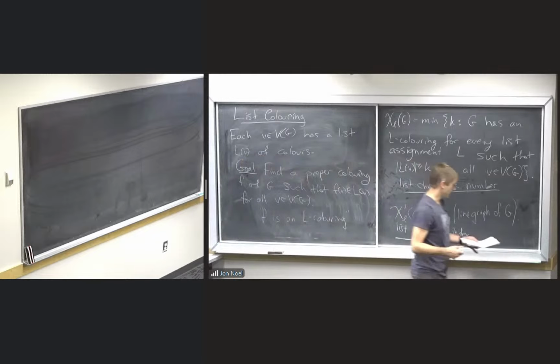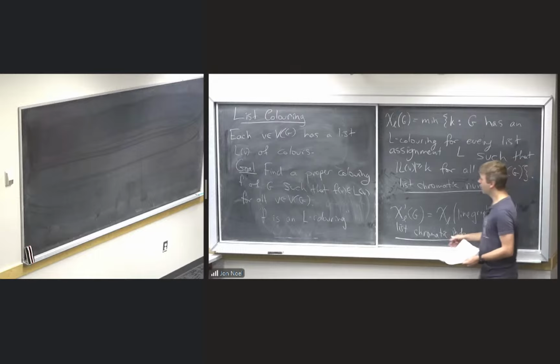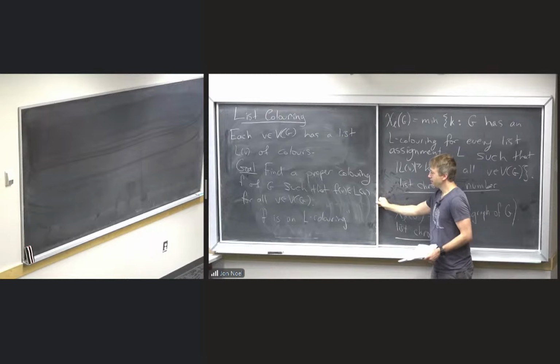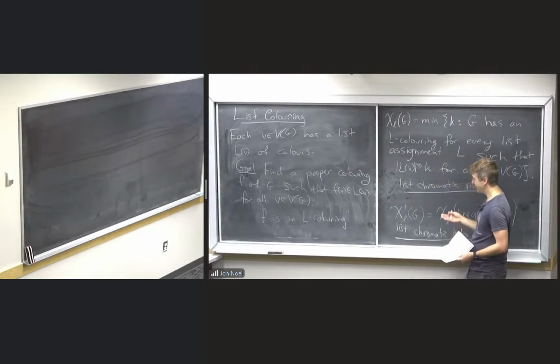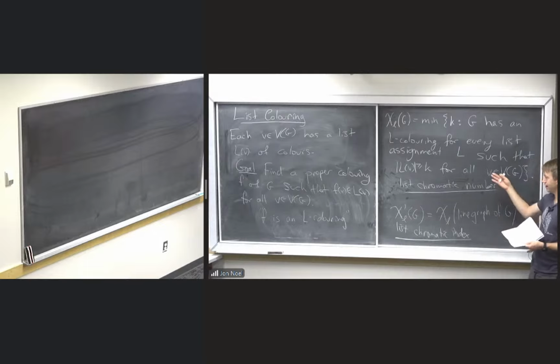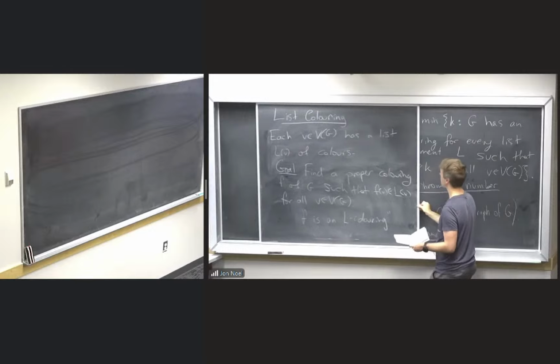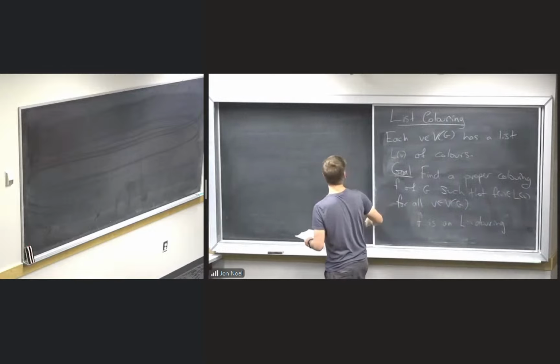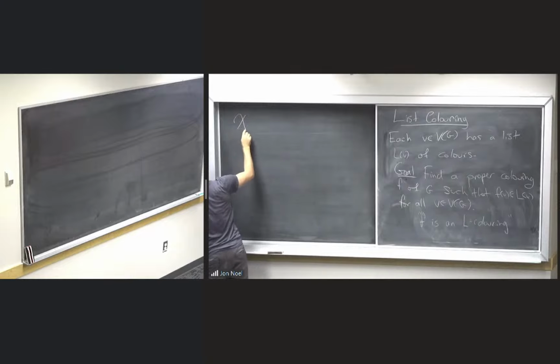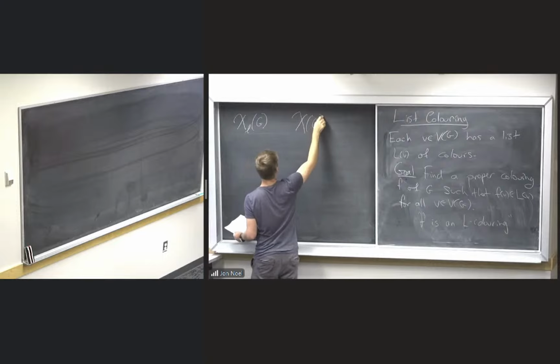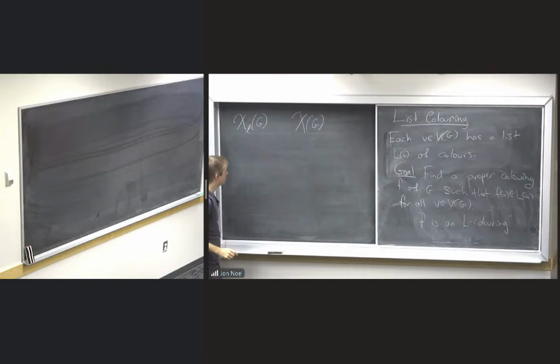Okay, so let's recall from last time. Actually, maybe before I do anything, let's observe an easy relationship between these list chromatic numbers and indexes and the usual chromatic number. So if I have a graph G, can anyone tell me a relationship between the list chromatic number and the chromatic number?